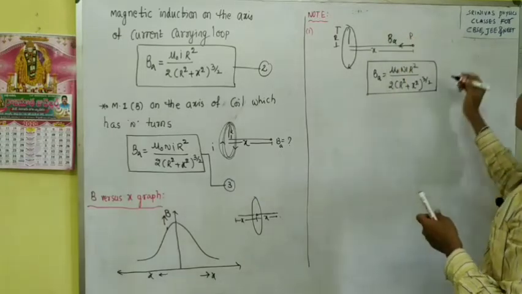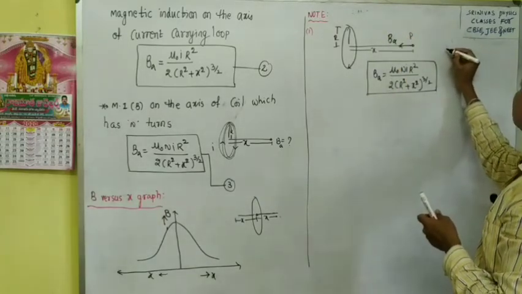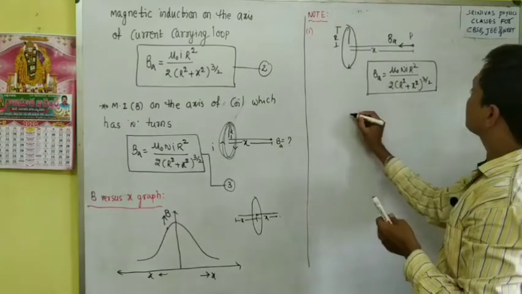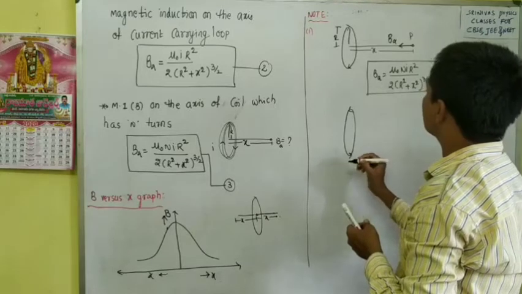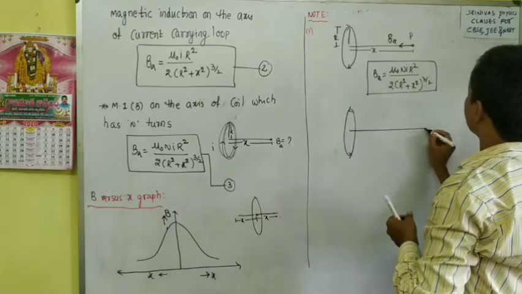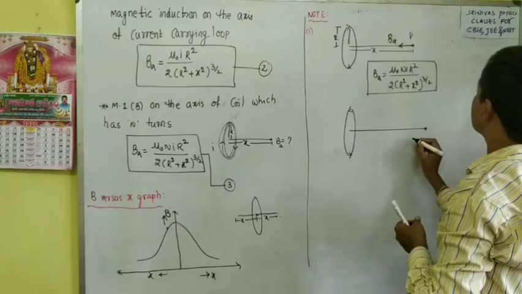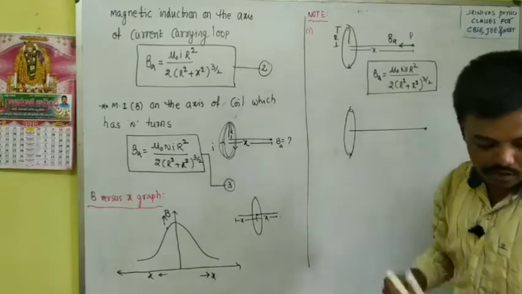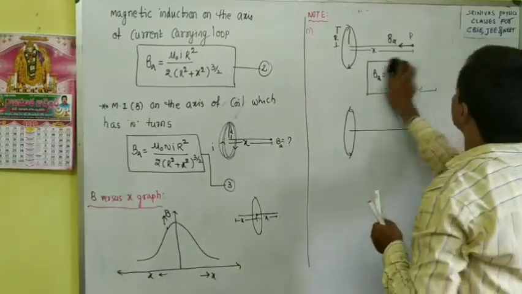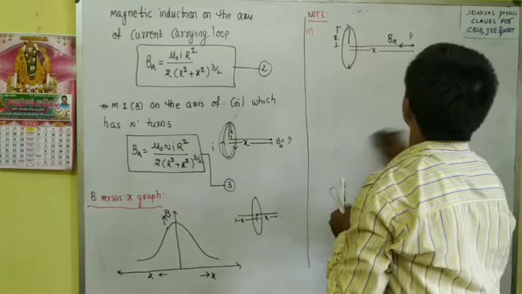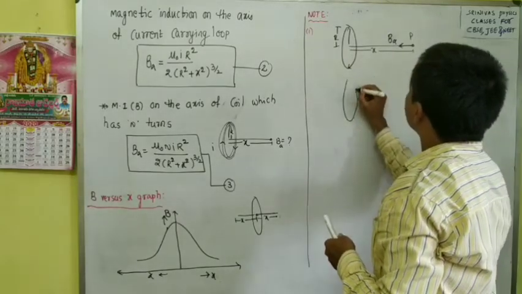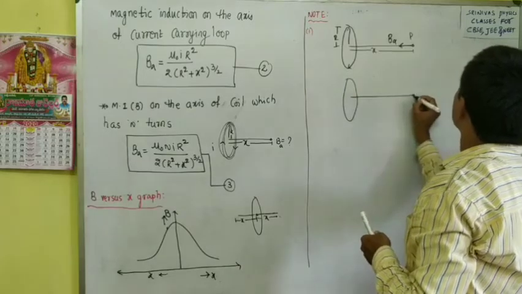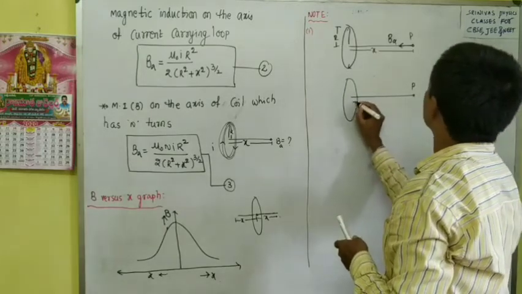And the same thing, if the current is like this, and at here I want the field. The magnetic induction direction at this point I want.